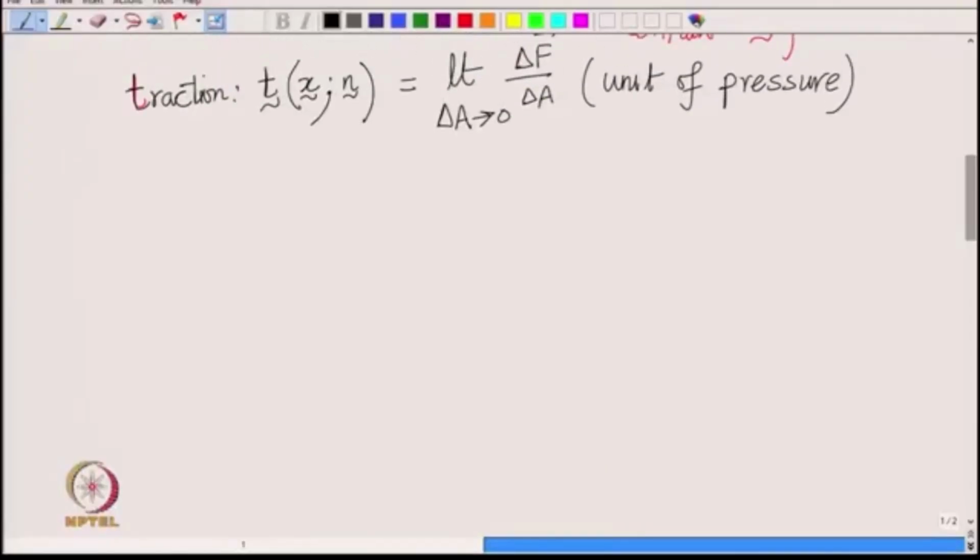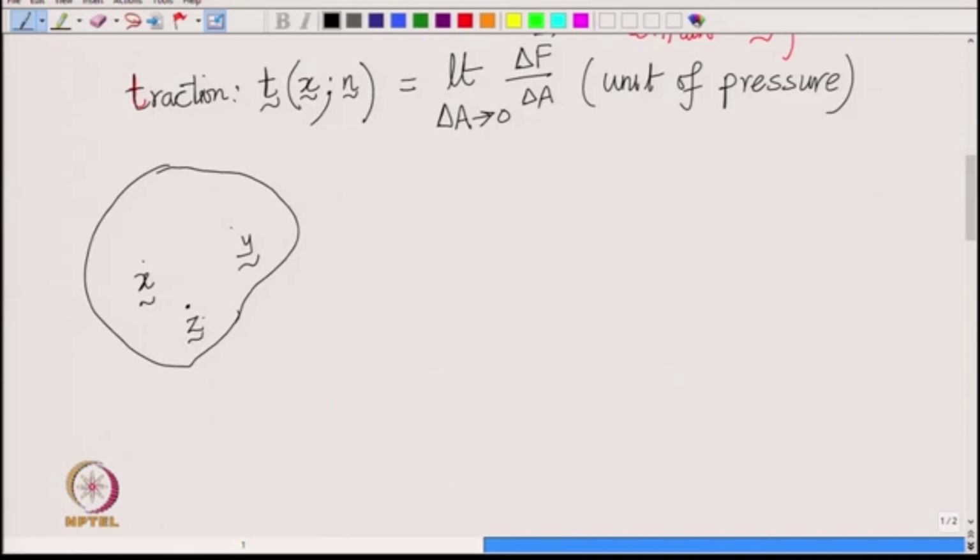So, think of your body, any arbitrary body. So, it has got several points in it, right. So, this body is under some force like it was earlier, and think of a point x here, another point y here, another point z.